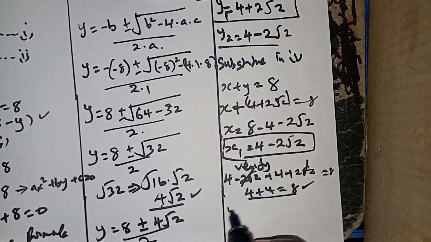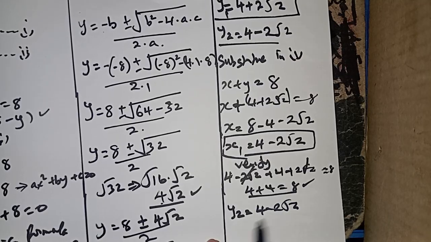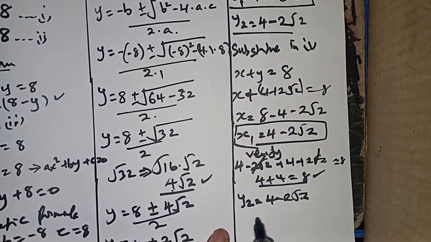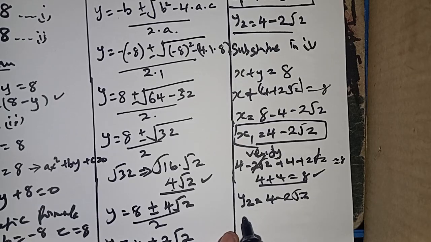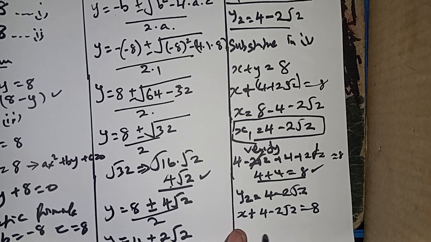So for the second value of y, we had 4 minus 2 root 2. Substituting this in the first equation again, I shall have x plus my y, which is now 4 minus 2 root 2, is equal to 8.